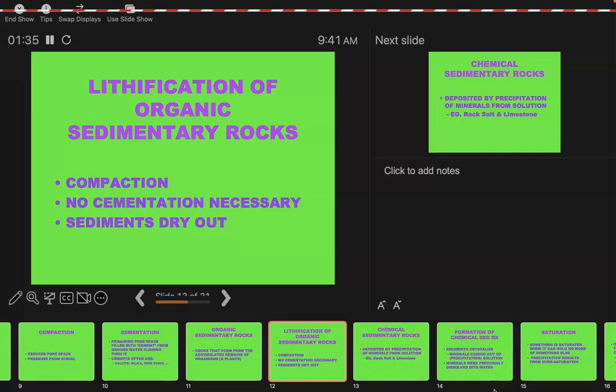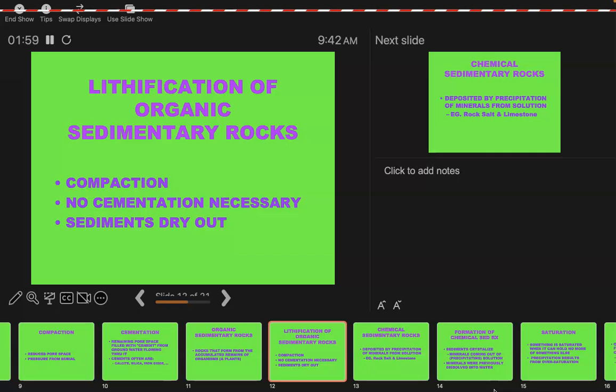Lithification is fairly straightforward, and I shouldn't really say no cementation necessary. You're still going to have groundwater flowing through this stuff. It has materials dissolved into it, and sure, it's going to leave a slimy residue behind.